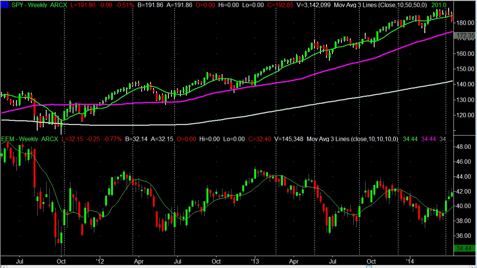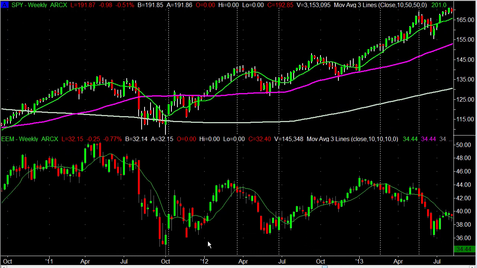tailwinds. Now, I put in these vertical lines just to make the video go quicker, but the idea of the vertical line was to look at the EEM, and the green line here is a 10-week moving average. So that's the equivalent of about a 50-day moving average, and that is the same for the SPYs up top.